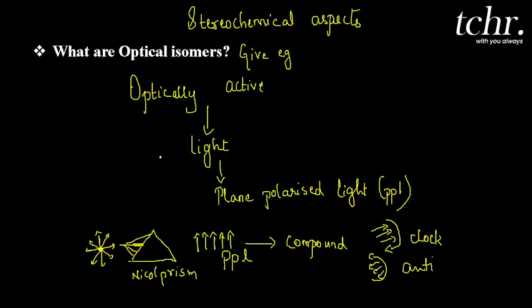So those compounds are called optical isomers. Is it clear, my dear students? You may get a question: what is optical isomerism, or what are optical isomers?